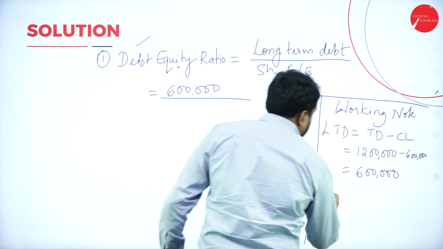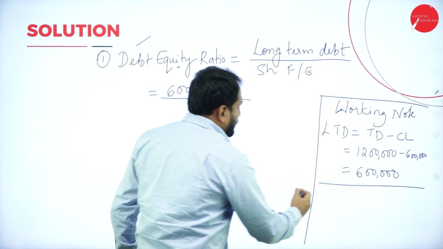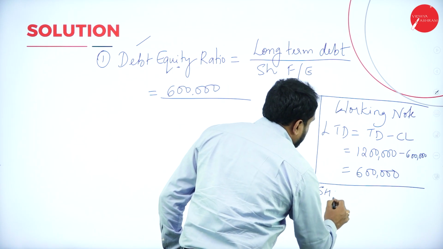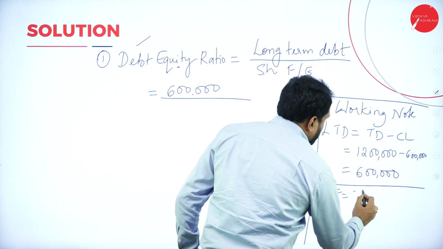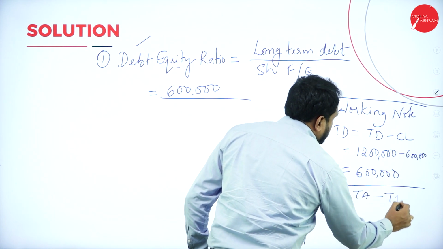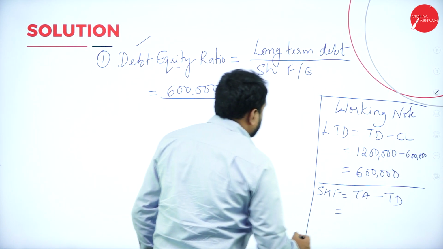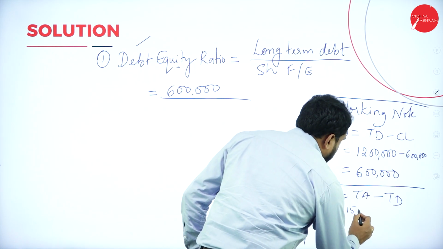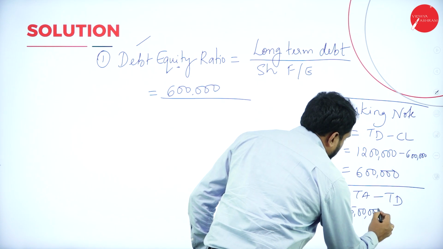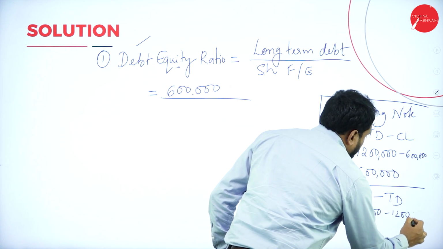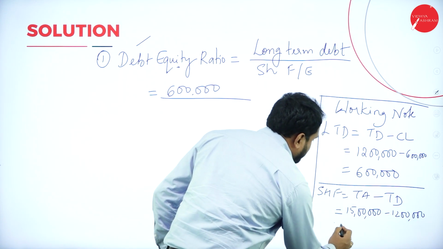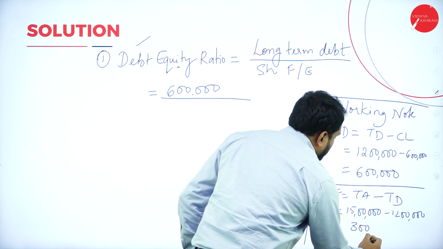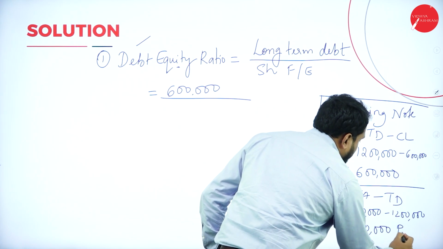Again here we'll go with the next one, that is shareholders fund. Shareholders fund is equal to total asset minus total debt. Total asset is how much? 15 lakh. So 15 lakh minus 12 lakh. 15 minus 12 is how much? 3 lakh rupees. You should write the word here, rupees.